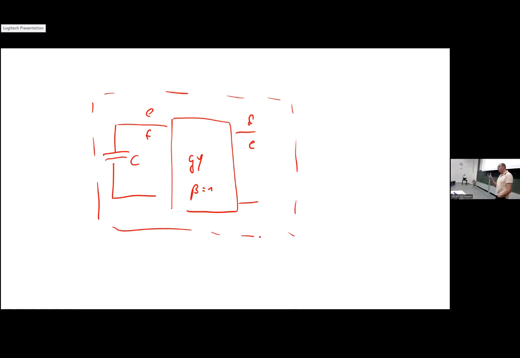And this is something we can use. So you can transform any C into an L and an L into a C by just putting a gyrator in, and it behaves similarly. Suppose you have a network with capacitors, you can look at the same network with a gyrator and inductor, and vice versa.